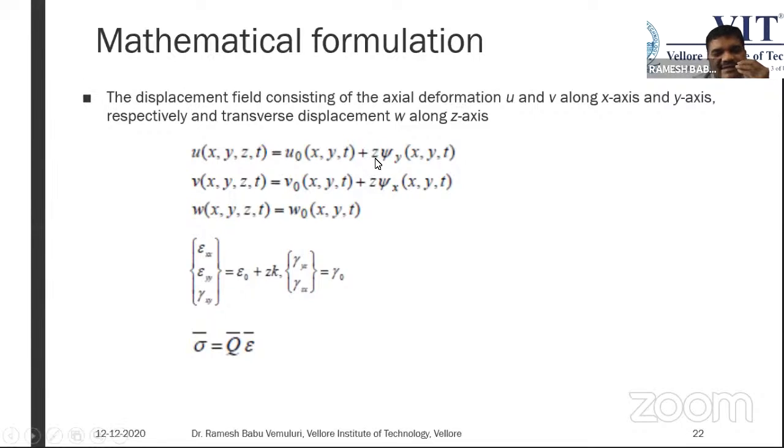Then z is the height, and psi is there, since here he took a first order shear deformation theory. Then epsilon x, epsilon yy, and these are the strains, also in terms of the mid plane as well as z times these curvatures, and gamma yz and gamma zx, which is equal to gamma naught.